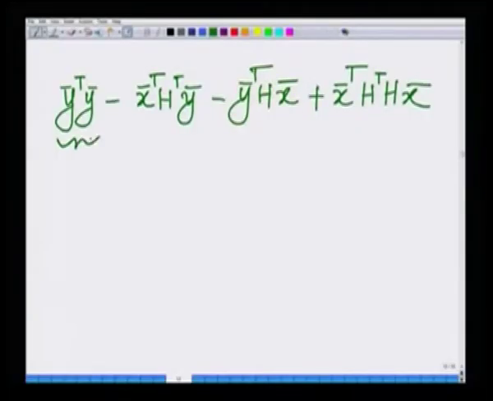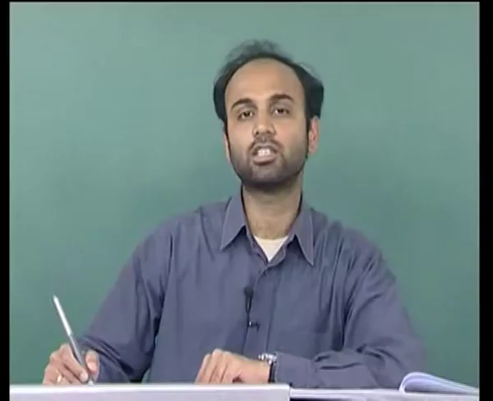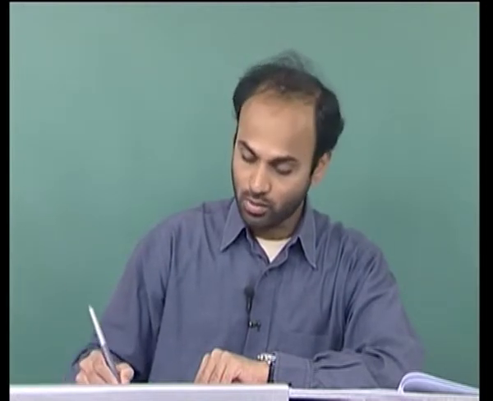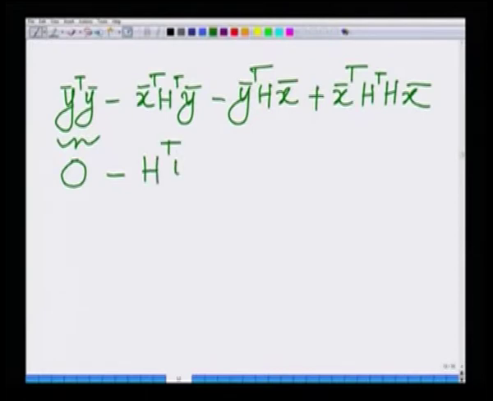The first component is y bar transpose y bar, and differentiating it with respect to x, this is 0. The next component is x bar transpose c, where c is h transpose times y. We saw that the derivative of x bar transpose c with respect to x bar is nothing but c. Here c is h transpose y. So, this is nothing but minus h transpose y. The next thing, we have seen that the derivative of c transpose times x bar is also c. Hence, this derivative is also minus h transpose y.